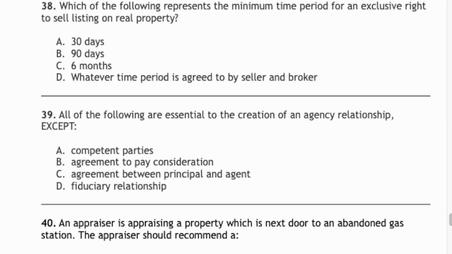The answer, B. The payment of consideration need not be involved in an agency relationship. One may gratuitously undertake to act as an agent and will be held to the standards of agency upon assumption of those duties. So there is no agreement to pay. There is agreement for commission.